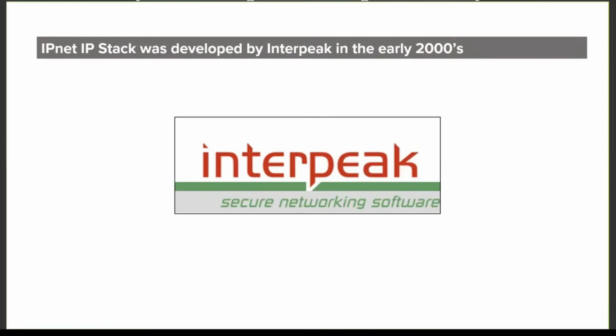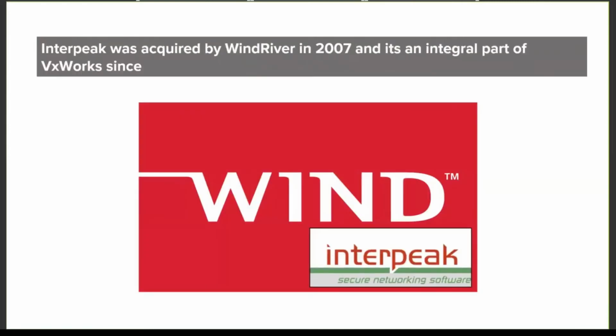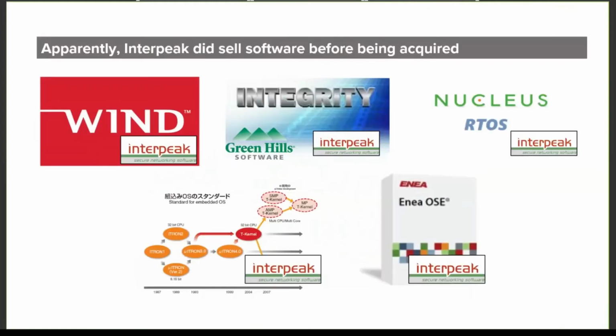And in about 2007, they were acquired by Wind River, the same company that owns VxWorks, and they incorporated it inside VxWorks as an integral part and as the networking part of VxWorks. So we thought that we were looking at VxWorks code, but we were actually looking at code that was bought from a different company.